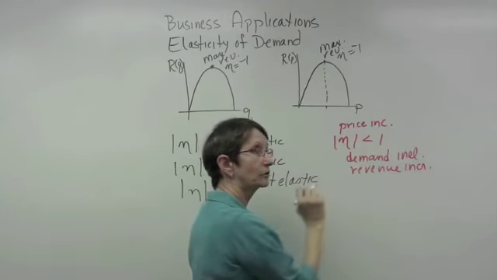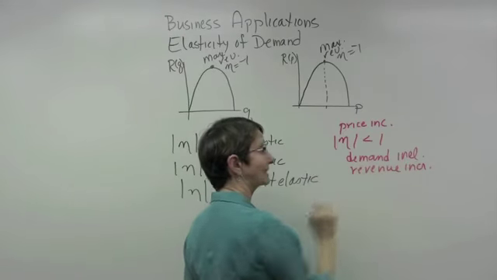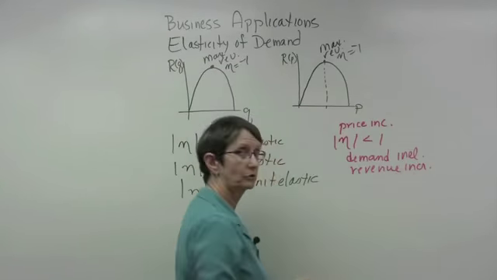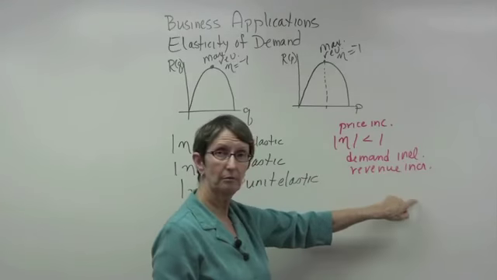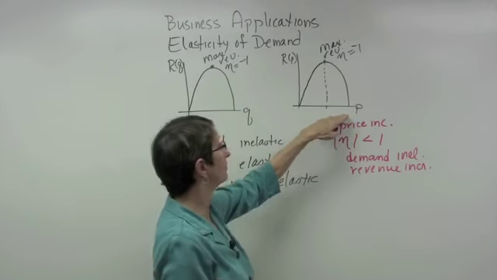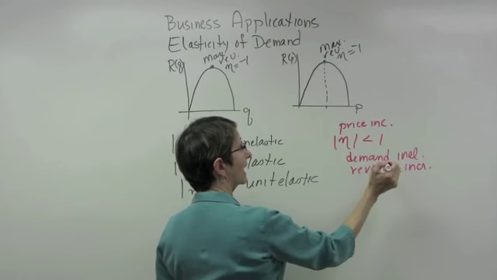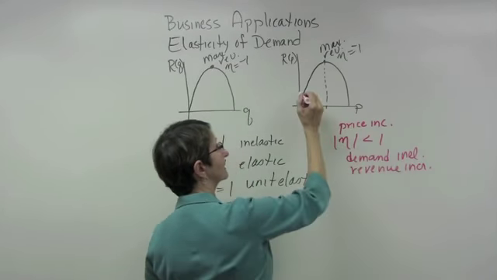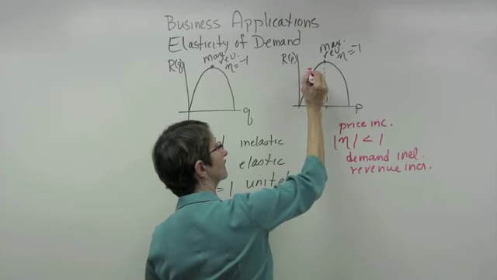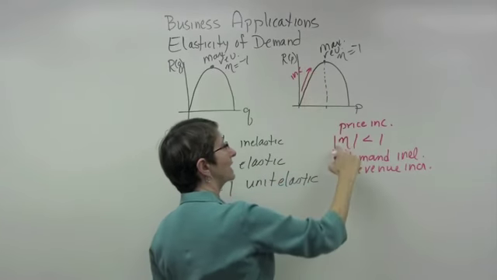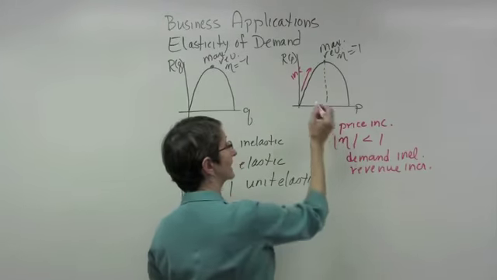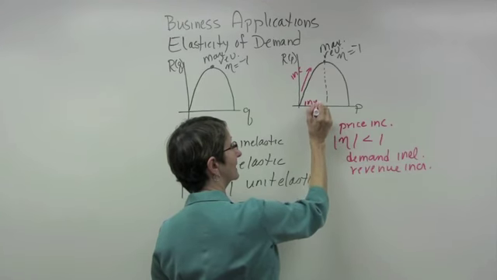So as price increases, when demand is inelastic, revenue increases. The ends go together. So when P is the variable, price increases, moving left to right, revenue increases, demand is inelastic. This piece is inelastic.